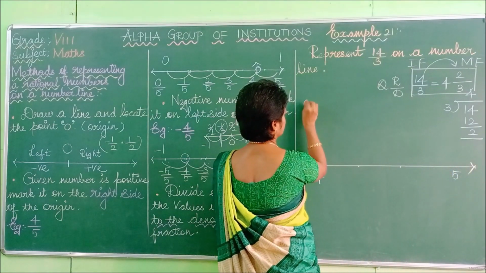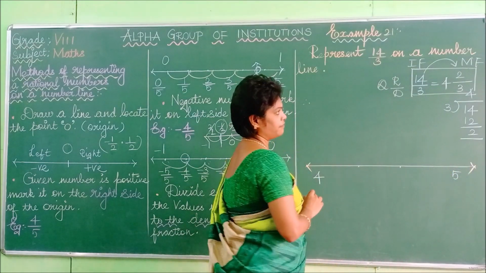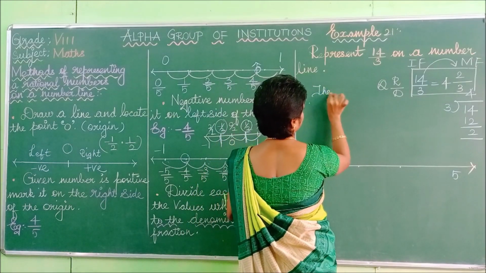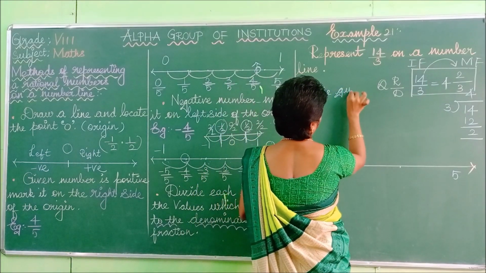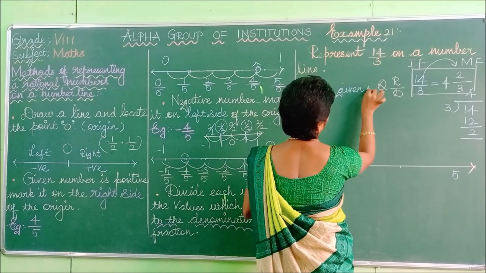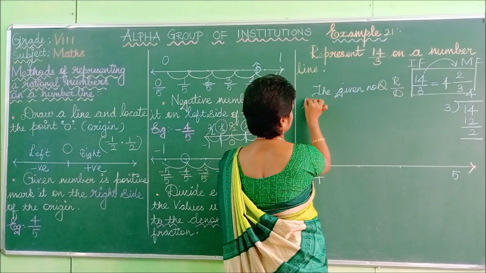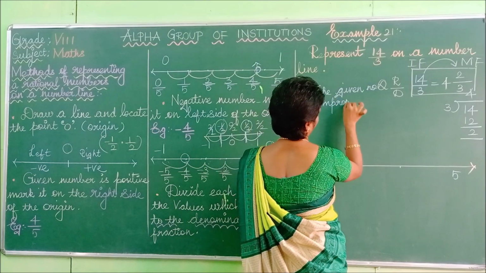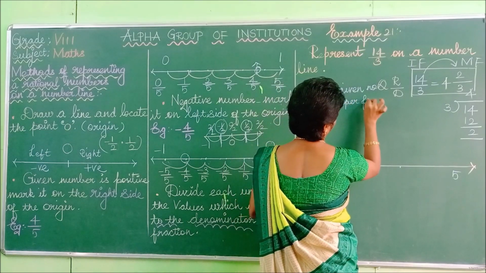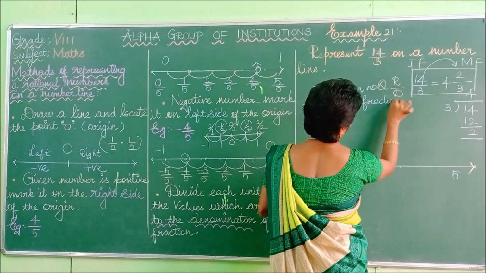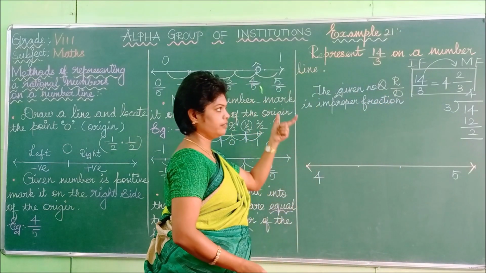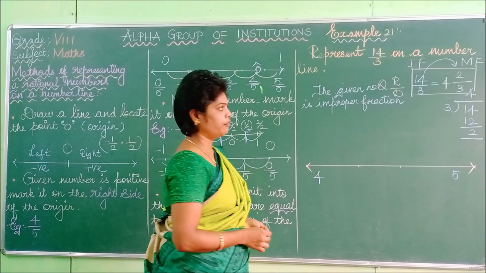So how can we say? The given number is an improper fraction. Okay, the given number is an improper fraction but changed into a mixed fraction.